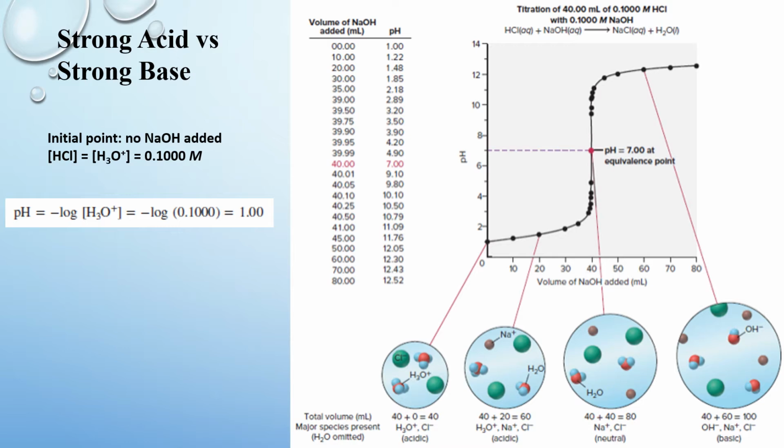First, let's look at the titration between a strong acid and a strong base. In this example, we started with 40 ml of 0.1 molar hydrochloric acid, which is a strong acid. And then we start adding base, which has the same concentration as the acid.